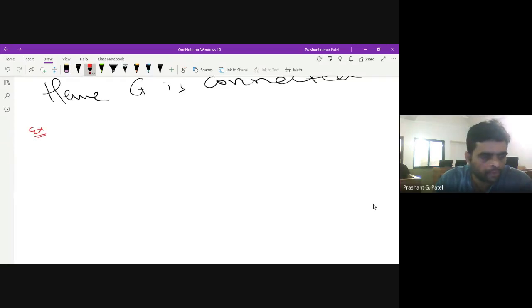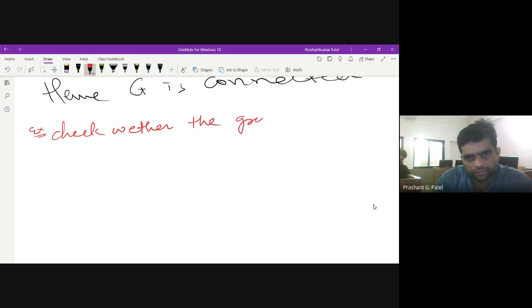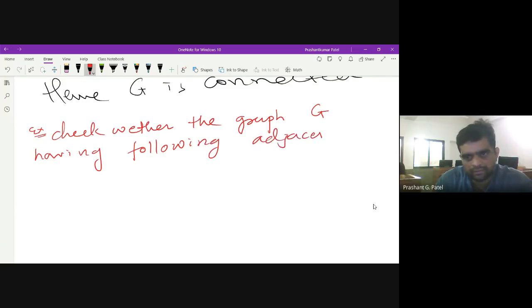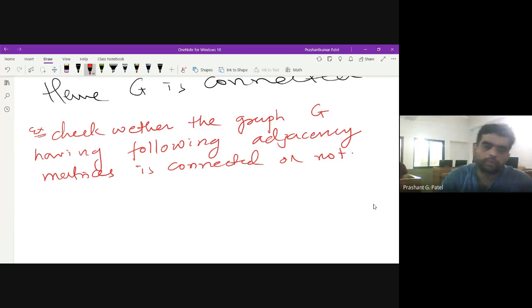Check whether the graph G having the following adjacency matrices is connected or not. No need to plot them. Without plotting, you should conclude whether it is connected or not.